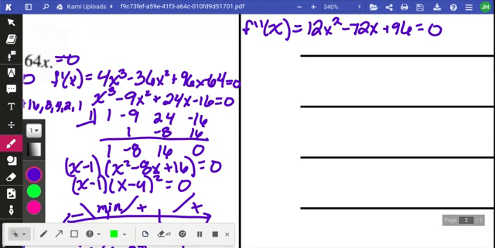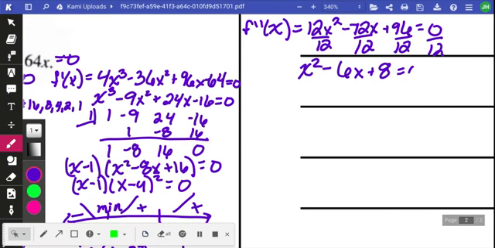So to solve this, I would first divide everything by 12, because I'm pretty sure everything's divisible by 12. That'll make things a little bit easier, so that we have x squared minus, what is 72 divided by 12? 6. And then 96 divided by 12 is 8.